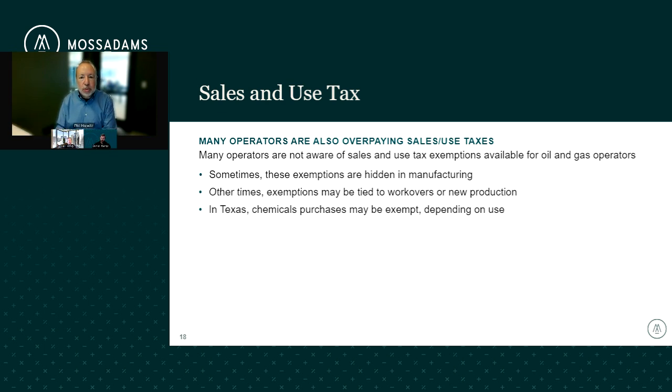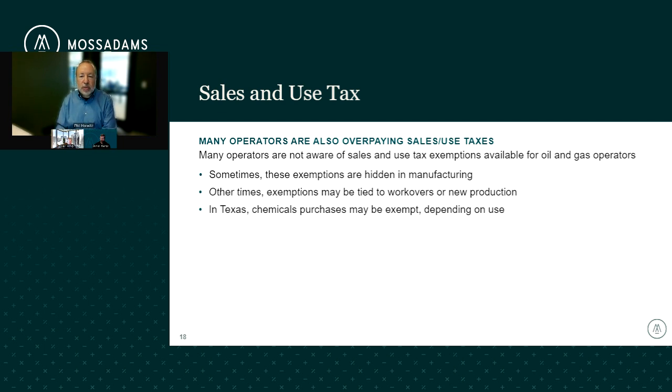So when you first bring a well on, or when you work a well over, that may trigger a new opportunity to get tax exemptions for the property that you're buying and the sales tax on that property. In Texas, chemical purchases may be exempt depending on use. And then as I talked about, the changes that are happening in Texas are worth taking a close look at.